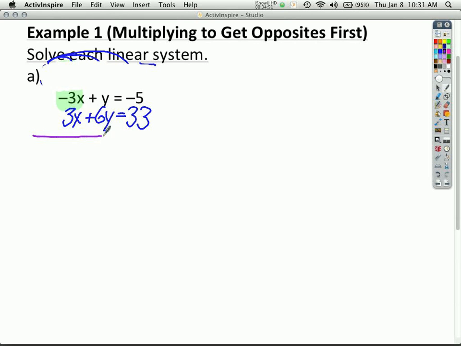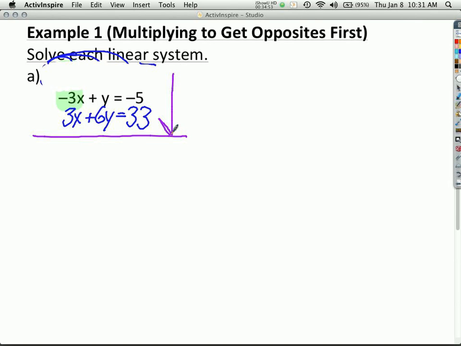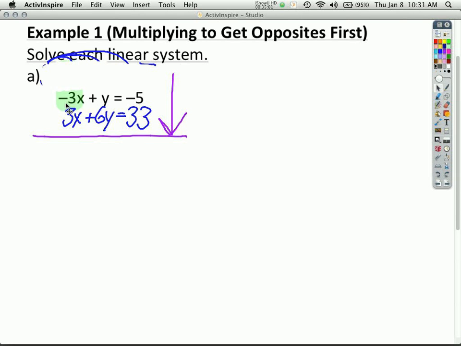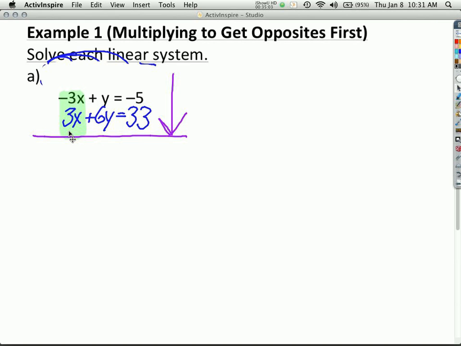We can now, like in elementary school, add down. And we add down in columns. So watch. This is now a column. What will happen when we add -3x and +3x? What will we end up with? Close.